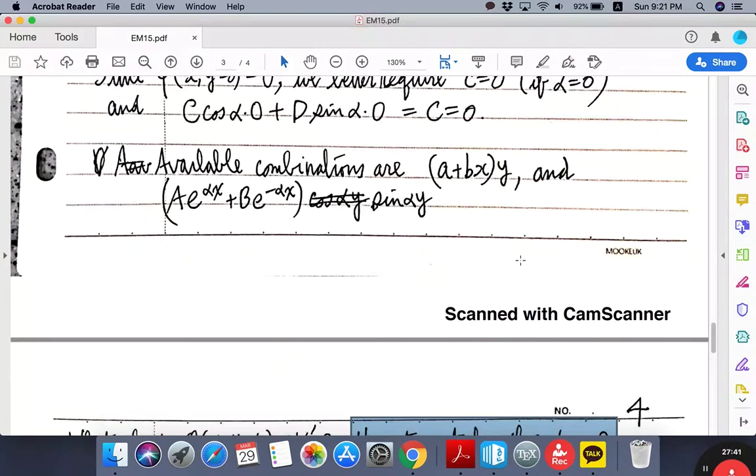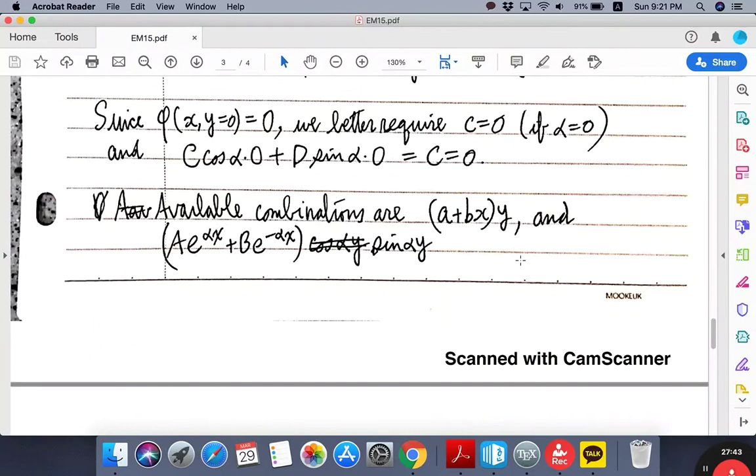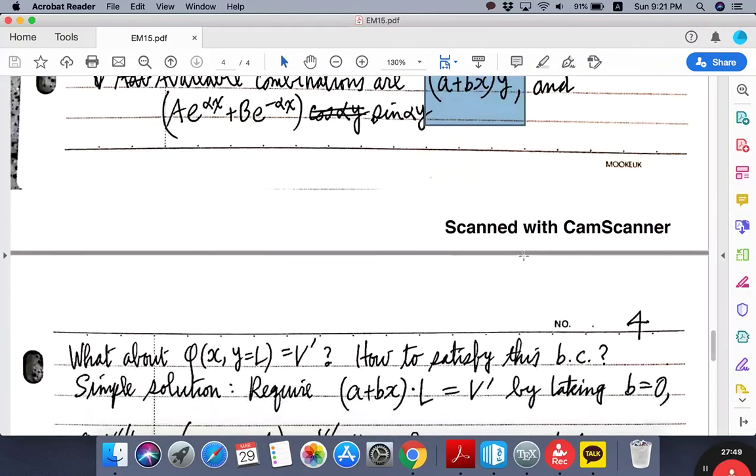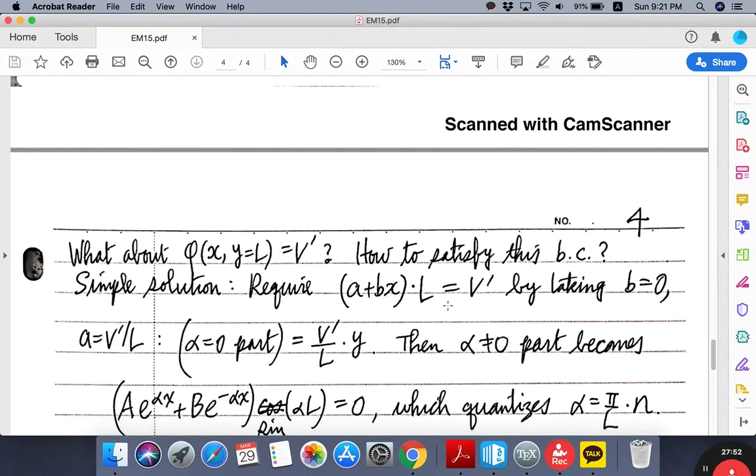Well, it turns out after some thinking that since we have this function, and we're talking about y equal to L, so y becomes L. Now we have to require this entire thing on the left to equal some constant V prime. But obviously this won't happen because of this linear term. And the only way to satisfy this equation is if b becomes 0.